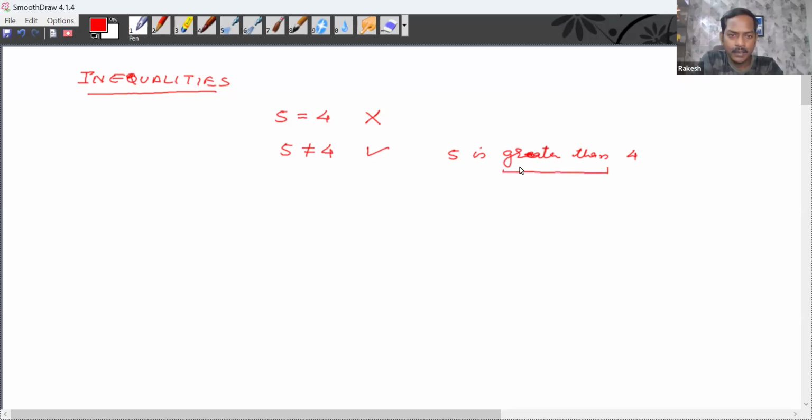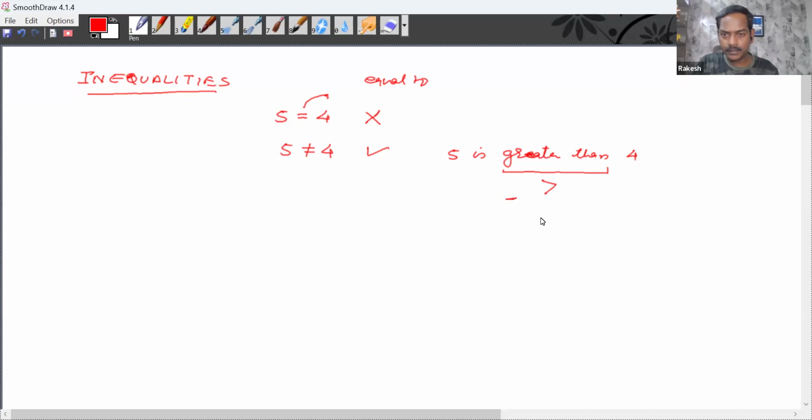Do we have anything in mathematics which represents greater than? Yes, we do. So obviously it should have some sign, because this is the sign of equal to. So is there a sign of greater than? Of course, and that sign is this.